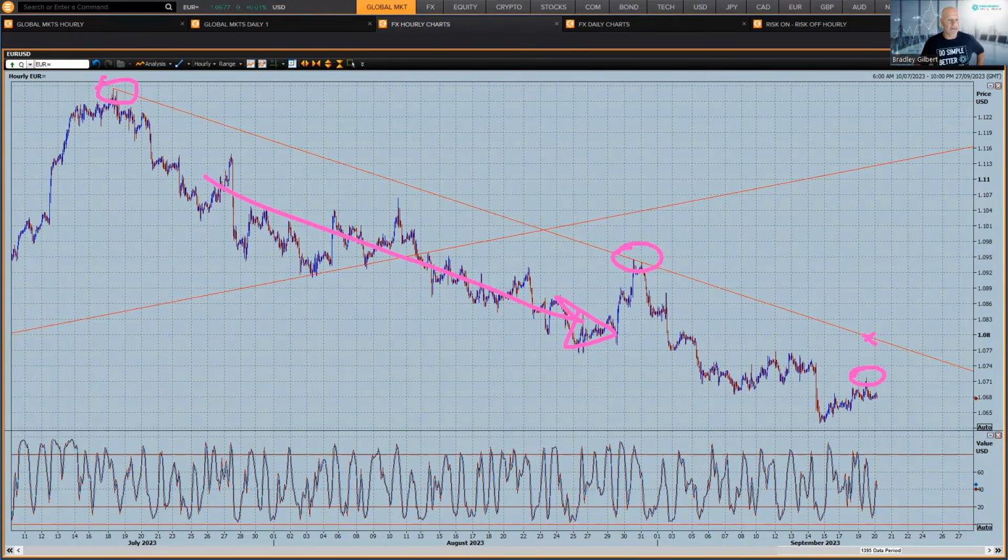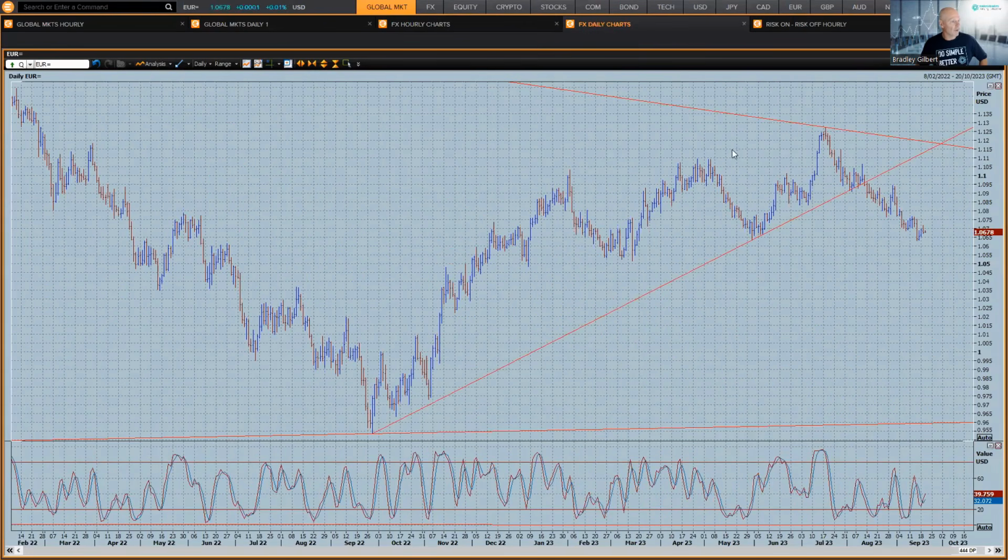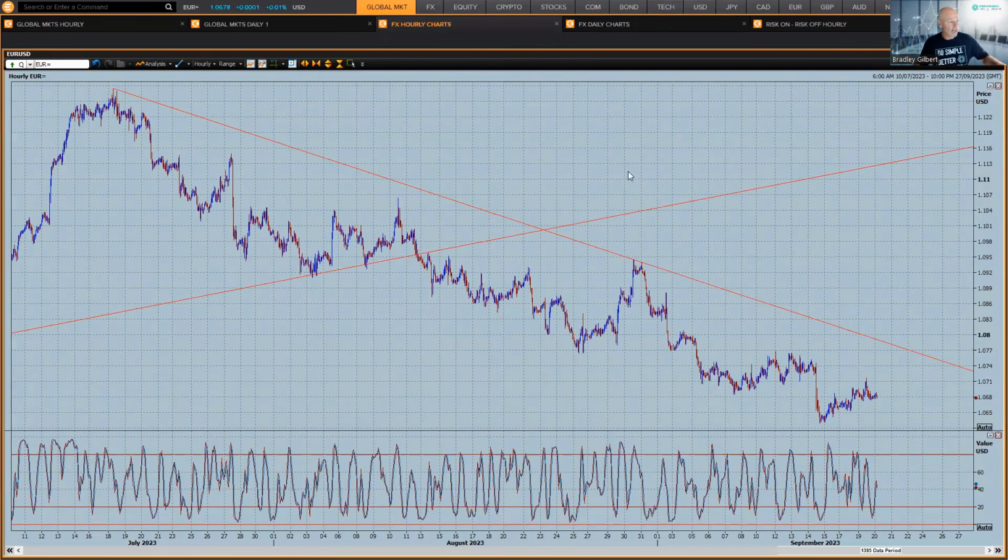Now, this is on the hourly chart, and if I flick over to the daily chart, I can see very clearly that euro was in an uptrend. It broke down through this trend line at 109.50, and it is moving lower. The trend is down. Once again, if I flick between the hourly chart and that chart, you can see it matches up.